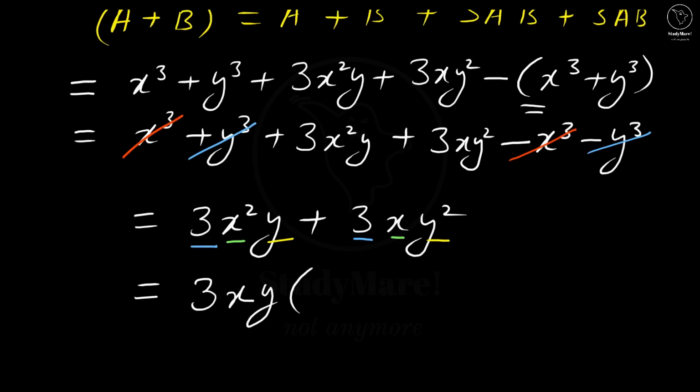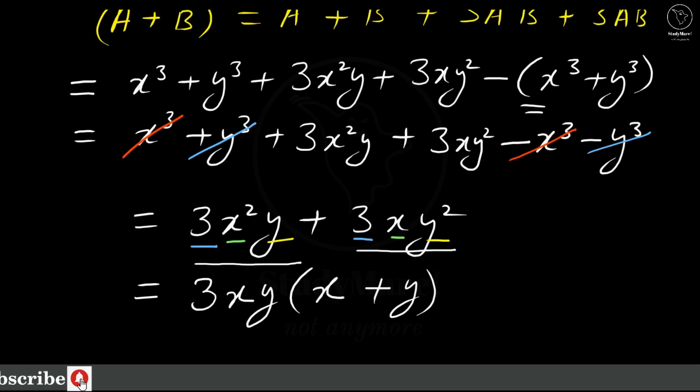So now in 3x square y, 3xy is taken as common, so we are left with simply x. Then we have plus sign. Here we have 3xy square. 3xy is taken as common, 3 is gone, x is gone, y square, one y is gone. So we are left only with y, and that is the answer.